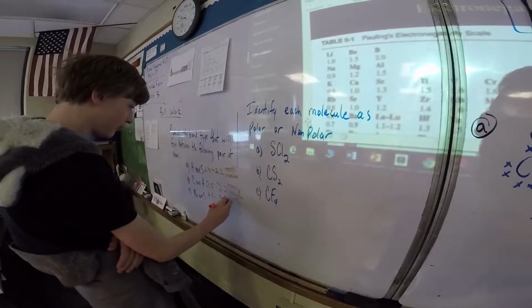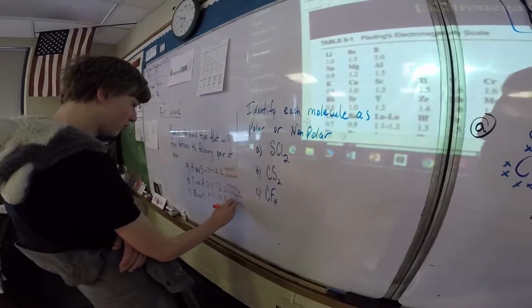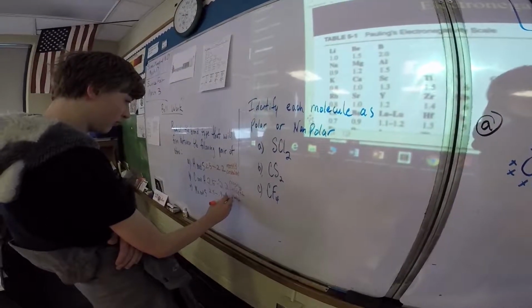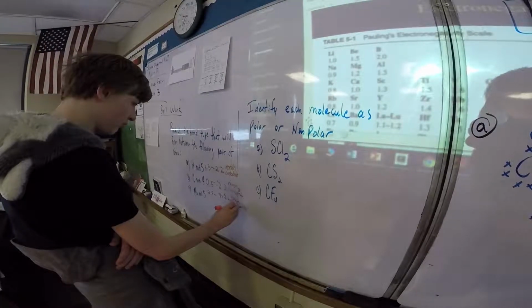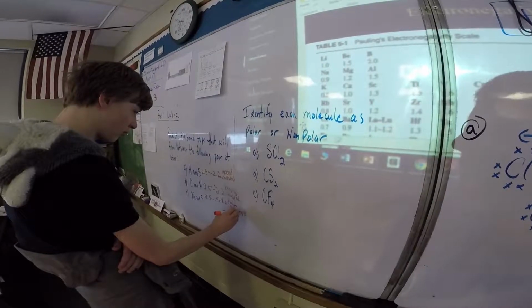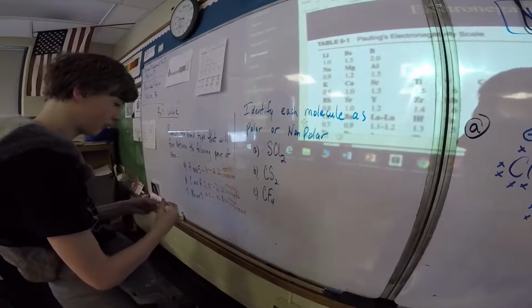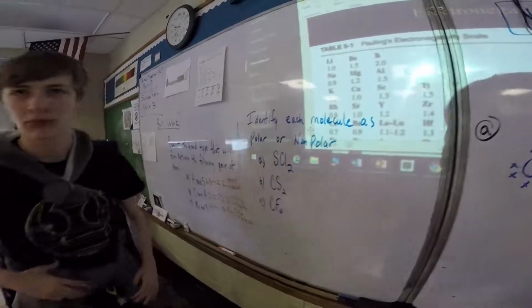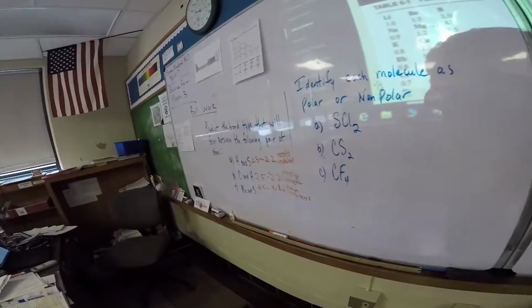If you look in the data table, page 266 in the book, it tells you that 0.4 to 1.7 is polar covalent, so it is polar covalent. Now sodium sulfide is an ionic compound, and they're talking specifically just about the bond between sodium and sulfur. It is a polar covalent bond type.